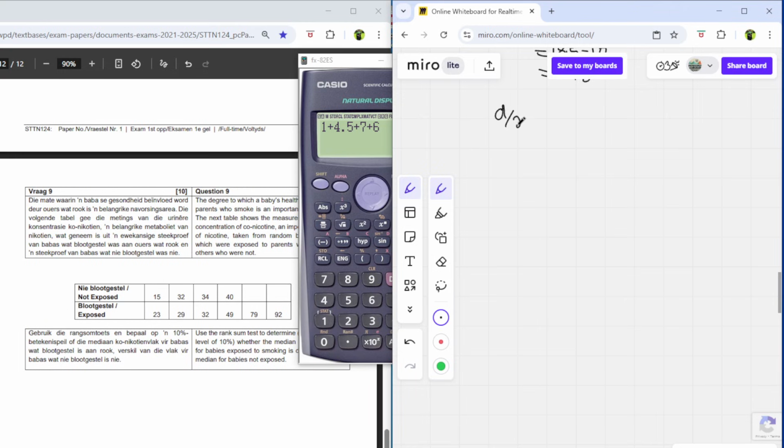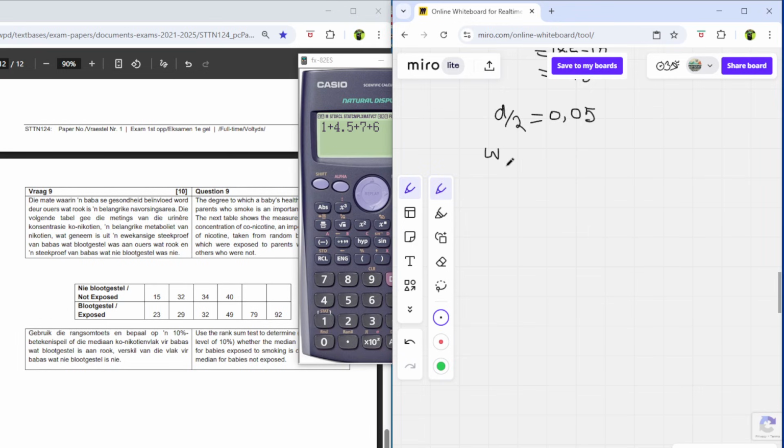Alpha over 2. Like I said, we need to divide our alpha. So that was 0.10, 10%, divided by 2. That is 0.05. 0.05 is our alpha over 2. That's how we do it there. And then we need to find the critical values.